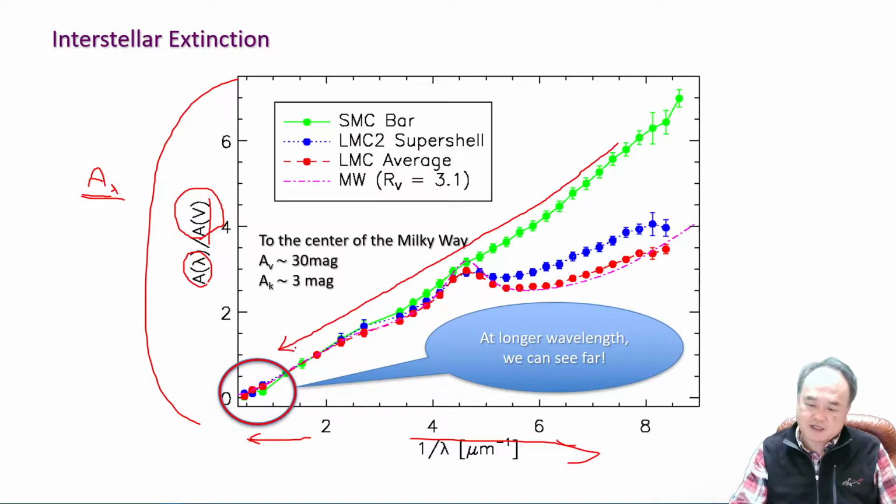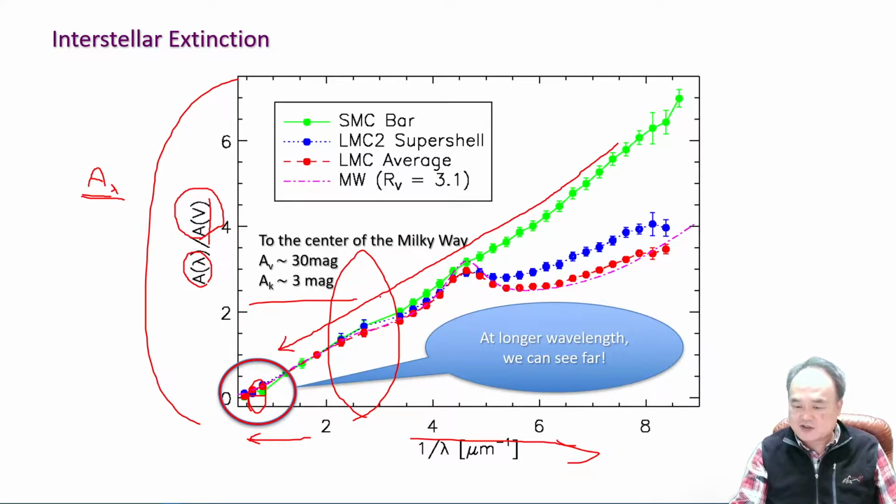That means we can see through materials, because the extinction is small at the long wavelengths, and that change of relative extinction is drastic. The visual wavelength is around here, and for the K band the extinction is around here, and that difference is just huge.